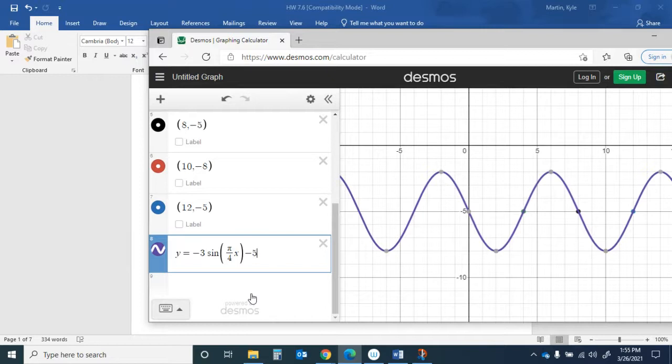Look at that, look at there. Ain't that pretty? It hits every one exactly where it's supposed to. That's beautiful. So that's our answer: y equals negative 3 times the sine of pi fourths x, minus 5.